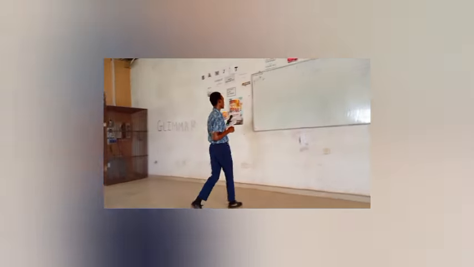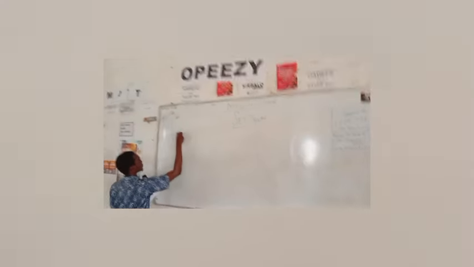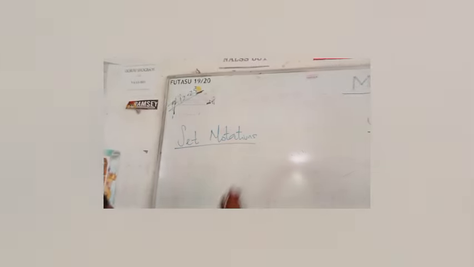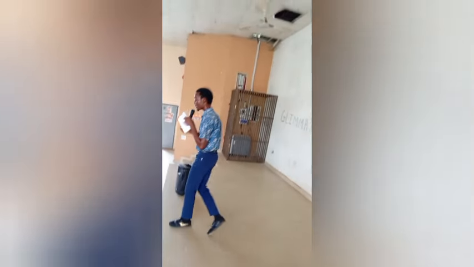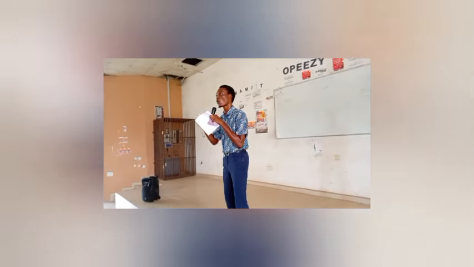Of your parents. Now, we are moving to set notations. When we say set notations, these are ways we can write sets, ways we can illustrate a set, ways we can express sets, some elements or objects.